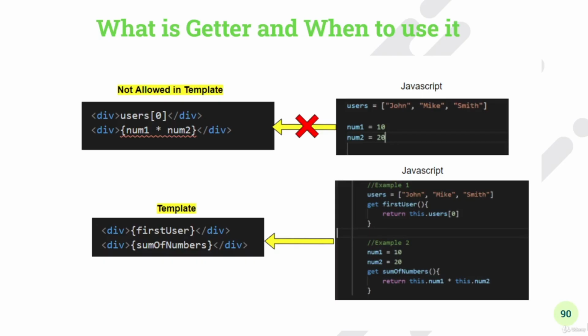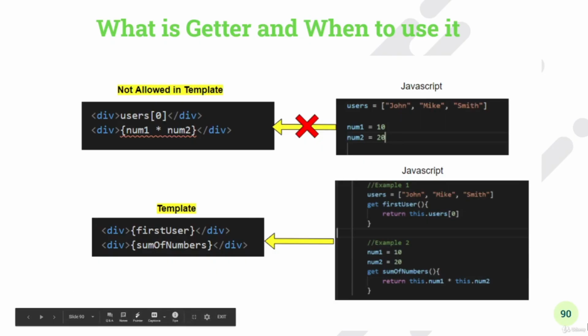So if in a method you append a get keyword in front of a method, it becomes a getter, and a getter always returns something. So remember these things, like getter is always a method that is appended by a get keyword, and getter method always returns something, and getter is used to show manipulated data or updated data on the screen. So let's go to our code and try to understand the getter.